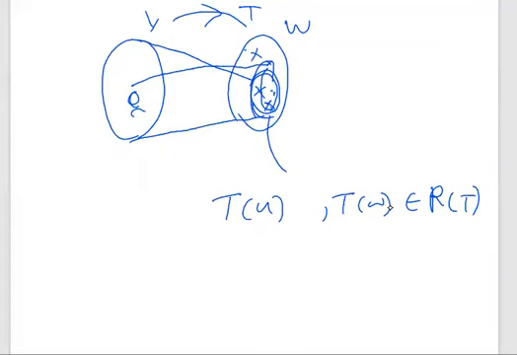Let's check whether the addition of these two comes back to the same set or goes outside. We know that T is linear, right? So T is a linear one.